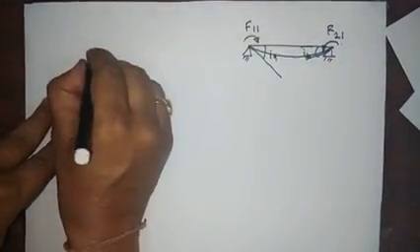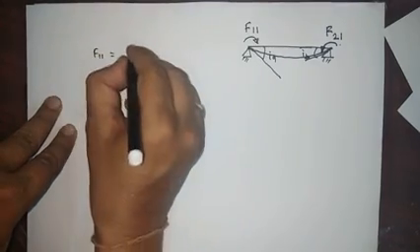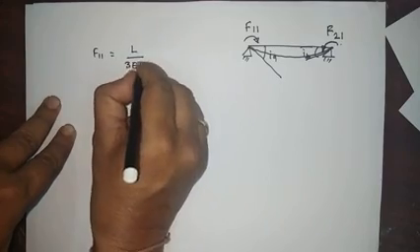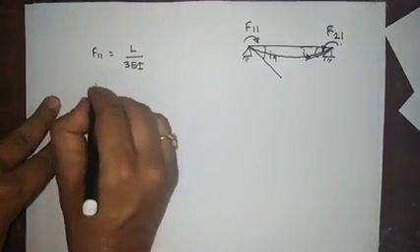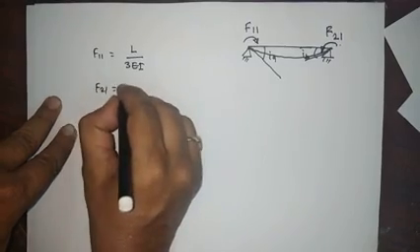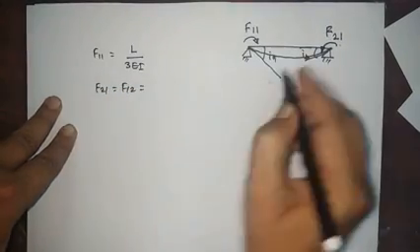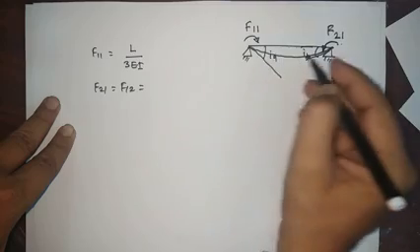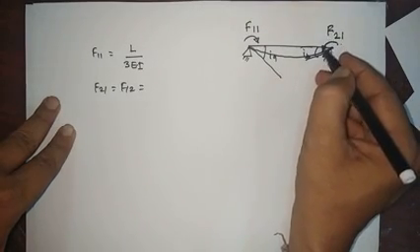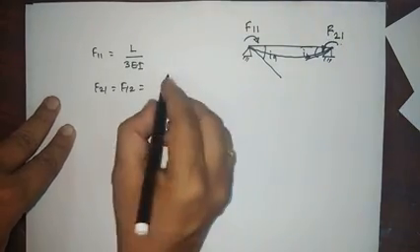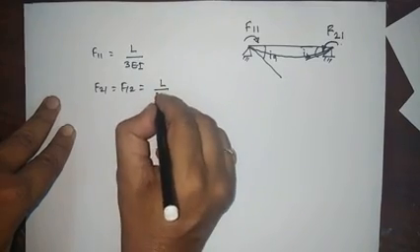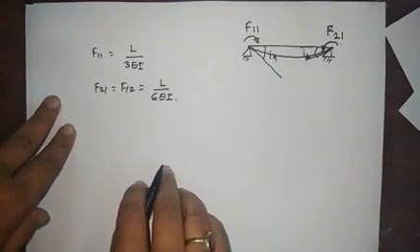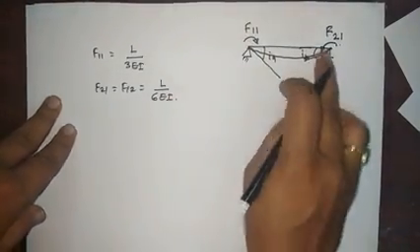So F11 is L upon 3EI, and F21, that is F12, the application of unit rotation at 1 will develop the slope at 2 with magnitude L by 6EI.